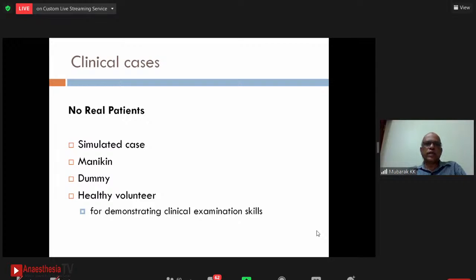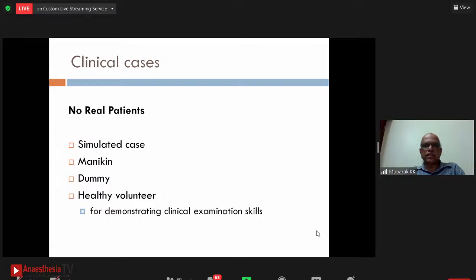There is no question of real patients, but there may be a simulated case, or a mannequin, or a dummy, or a healthy volunteer will be given. A patient having some evident disease itself, like a thyroid swelling patient, can be taken as a simulator case, or a patient having a previous spine surgery may be kept as a case for taking the history and all.